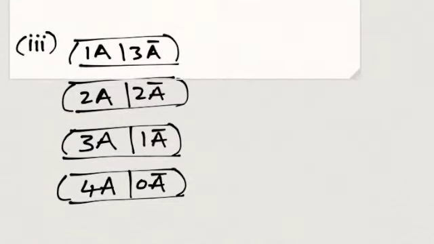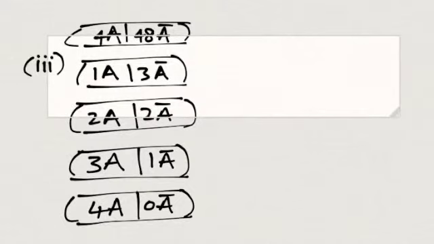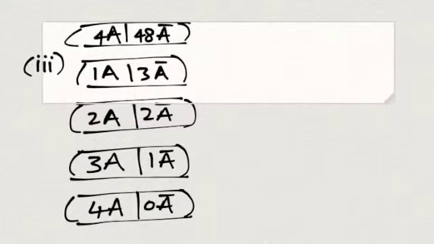Now our main pool has 4 aces and 48 other cards. This is our main pool. So in how many ways can we choose 1 ace and 3 other cards? We have a pool of 4 aces and 48 other cards.